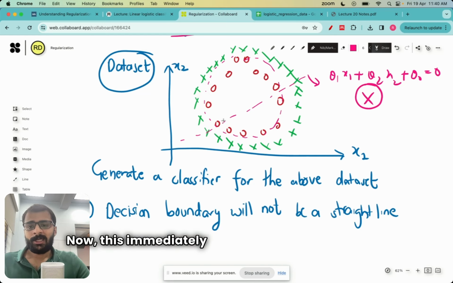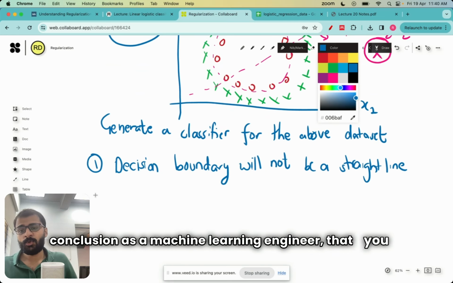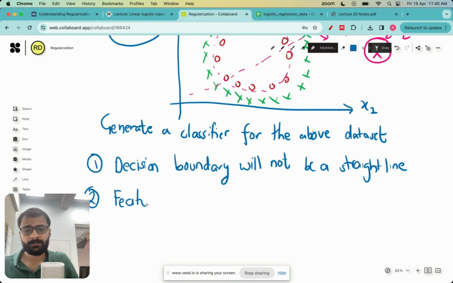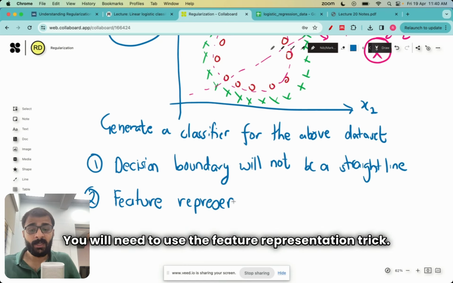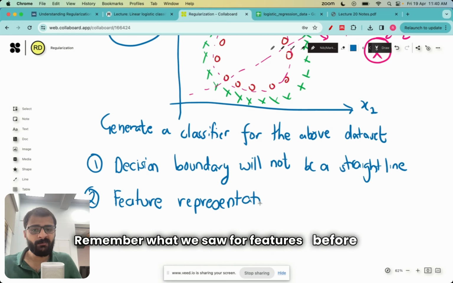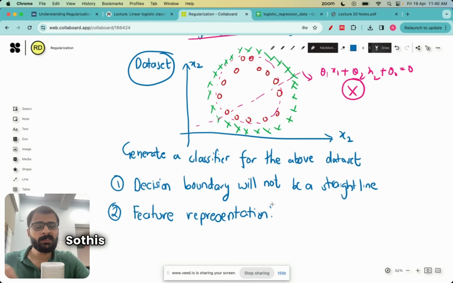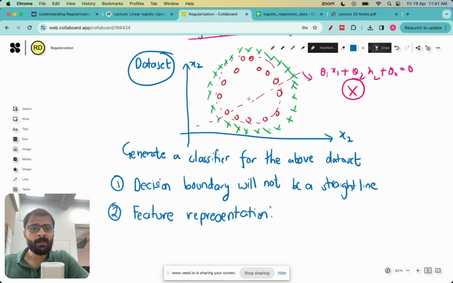Now, this immediately should lead you to your next conclusion as a machine learning engineer, that you will need to use the feature representation trick here. Remember what we saw for features before? Data which does not look to be linearly classifiable. So this does not look to be linearly separable in two dimensions.